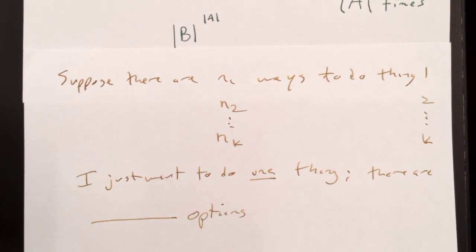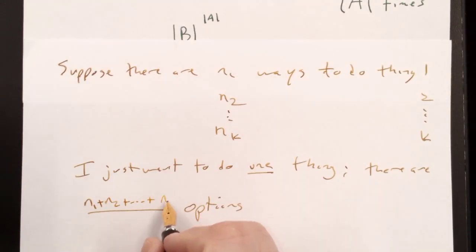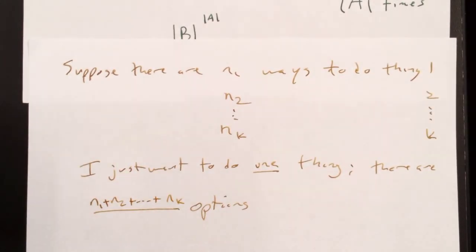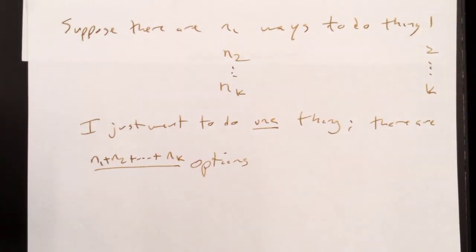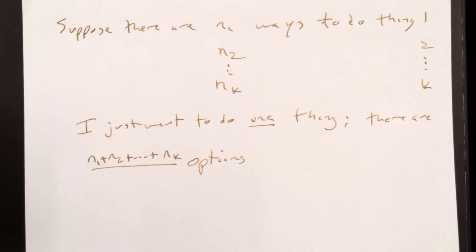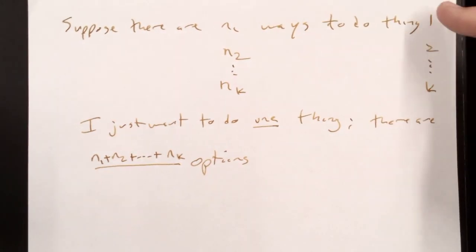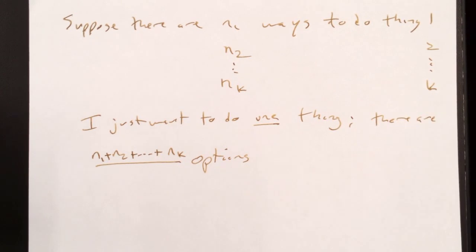The number of options here is n1 plus n2 added all the way up to nk. So whenever you say you only want to do one thing, you're not saying that n equals 1. No, I'm telling you to pick one of these things to do, right?